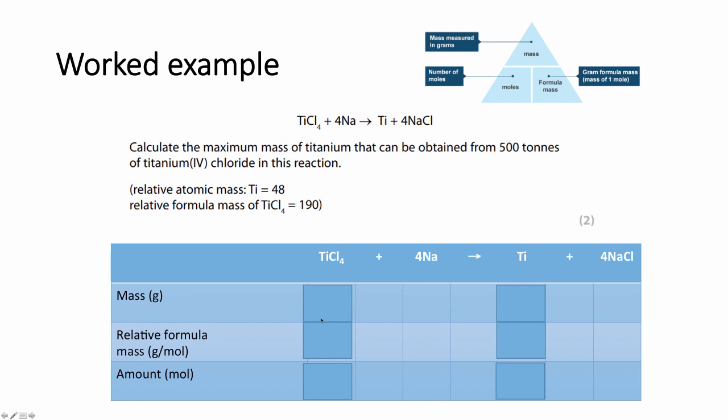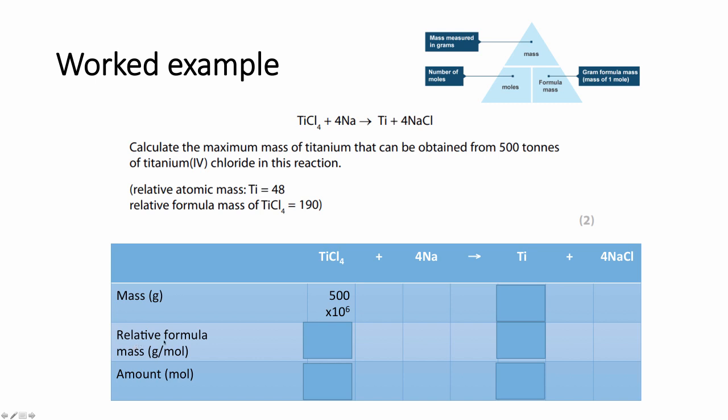Now the first thing we've got is the mass of titanium chloride, which has been given to us in the question, which of course is 500 tonnes. Now 1 tonne equals 10 to the 6 grams, and I've put that there for you, and I'm just going to leave it like that, and you'll see why at the end.